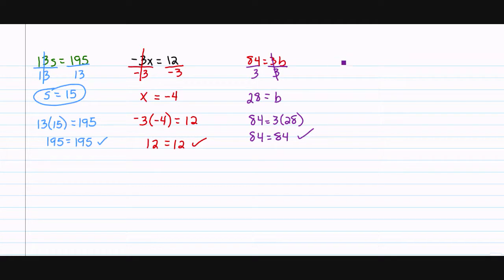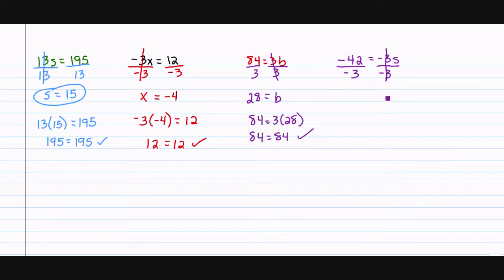Let's take a look at another one. Negative 42 equals negative 3s. The negative 3 is connected to the s through multiplication, so I'm going to do the opposite, which is divide. I'm going to divide by negative 3.